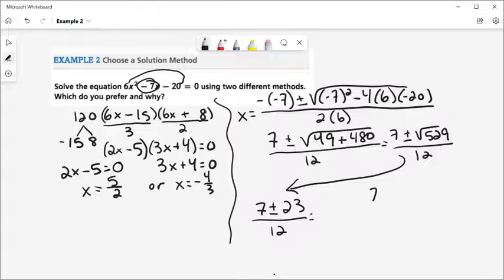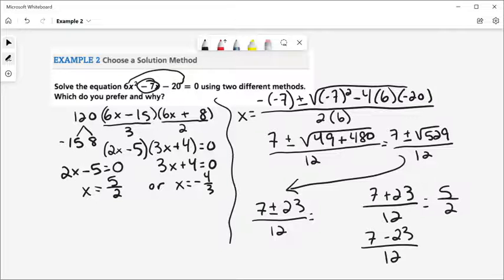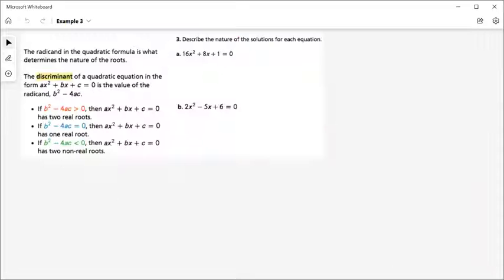Then we simplify further. 7 plus 23 is 30 over 12 reduces to 5 halves, and then 7 minus 23 is negative 16 over 12, and that reduces to the negative 4 thirds. So as you can see, we end up with the same solutions regardless of which method we use. Just one might be easier depending on how your brain is.